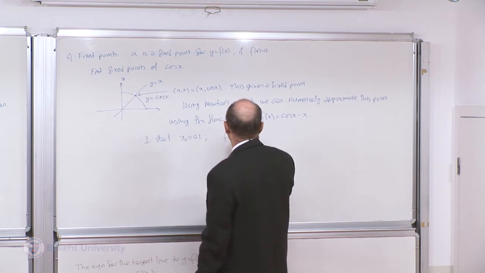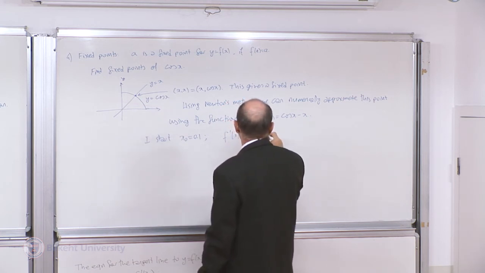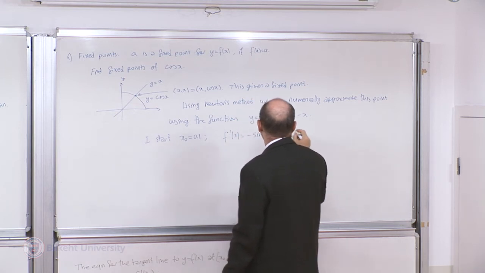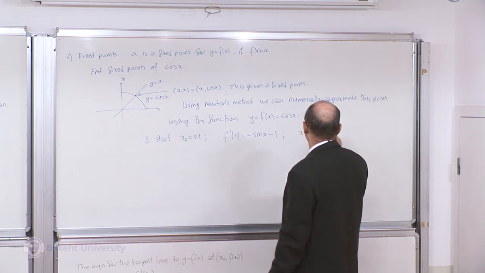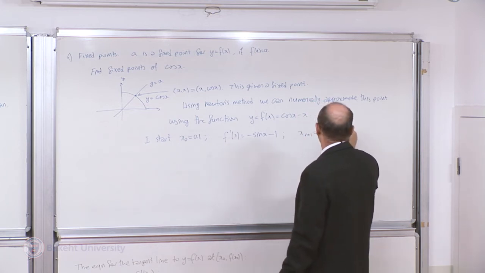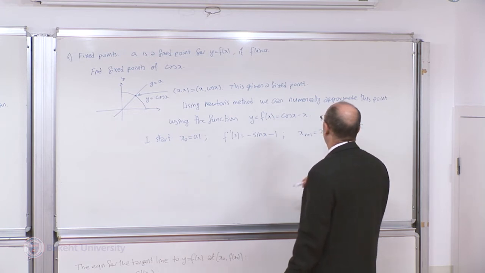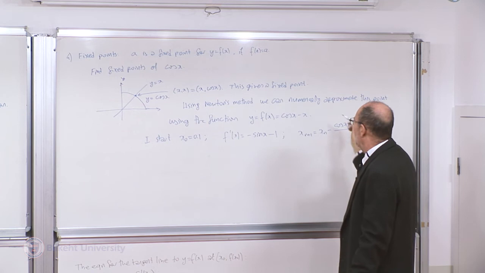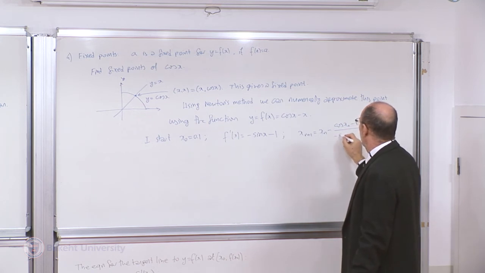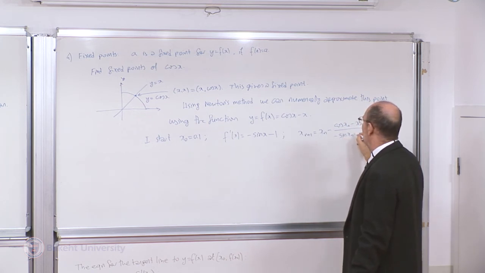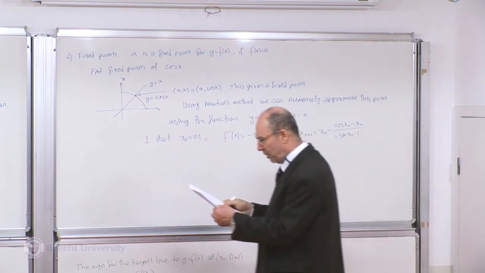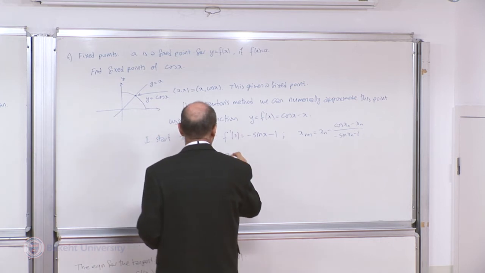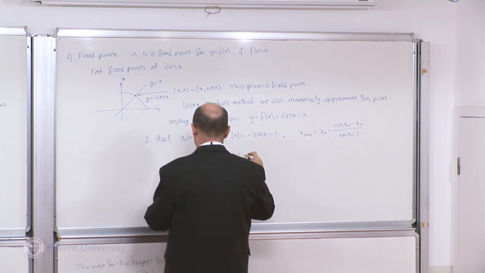F prime x is equal to minus sine x minus 1. So x n plus 1 is equal to x n minus cosine x n minus x n over, okay, let me keep the minuses here. You can simplify this later, minus 1. Okay, so you iterate this. In my calculations, x5 gave a stabilizing point.